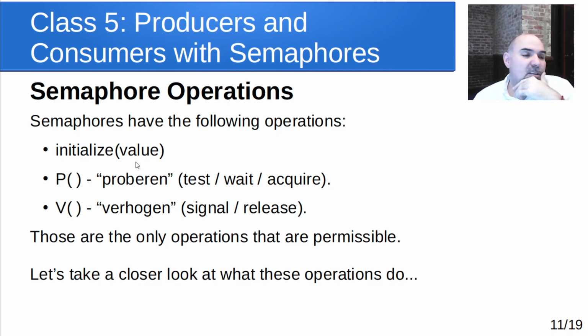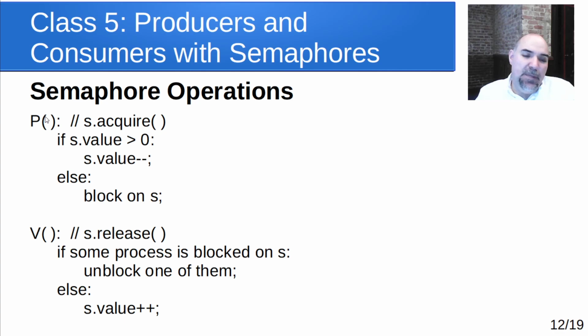All right, so to see how they're different, let's take a closer look at what the operations actually do. What do P and V actually do? Okay, so P, which is the equivalent of acquire, basically says, if the value of the semaphore is greater than 0, then subtract 1 from it and then continue on our merry way. That's it.